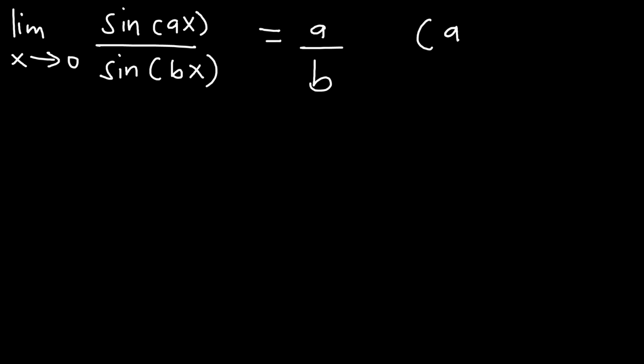Now, in this case, a and b cannot be equal to 0. Now, let's see how we can apply this to solve some examples. You solve the limit as x approaches 0 of sine 5x divided by sine 3x.